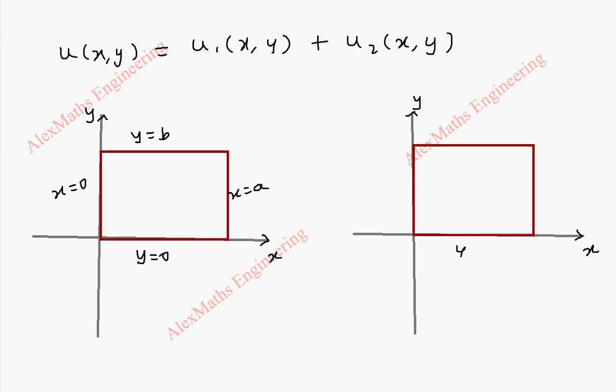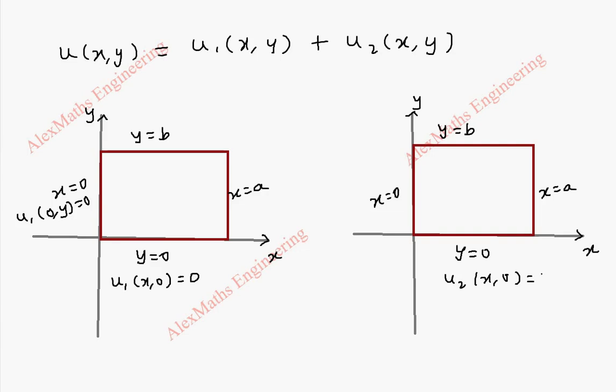Similarly here, y equal to 0, y equal to b, x equal to 0, x equal to a. And now the temperature u1 of x comma 0 is 0, and u1 of 0 comma y is 0. Similarly here, u2 of x comma 0 is 0 and u2 of 0 comma y is 0.